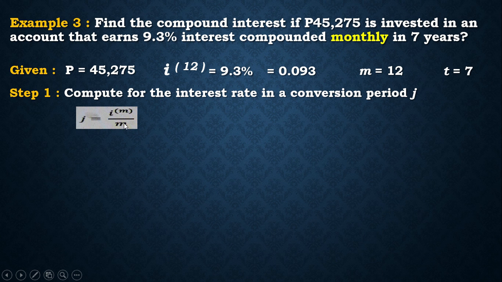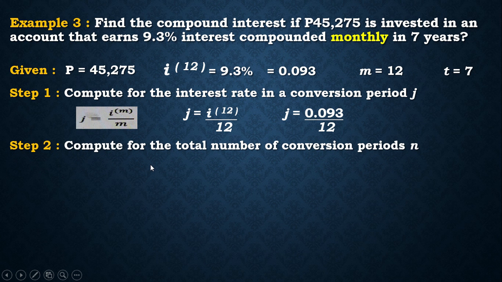Papalitan lang natin yung mga yan. Kaya naging ganito siya. J is equal to I raised to 12 divided by 12. Ngayon, i-substitute natin to. Ano nga ba yung I raised to 12? Ito siya. I raised to 12, 0.093. Tapos, kinopya lang po itong 12. So, yan po yung J na makikita natin sa formula mamaya.